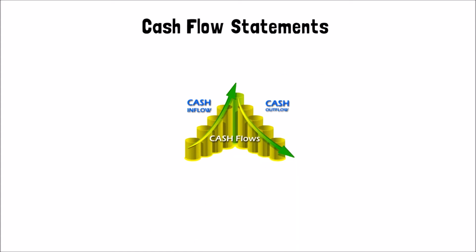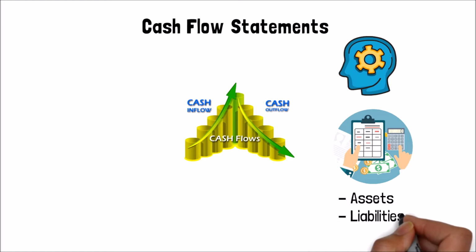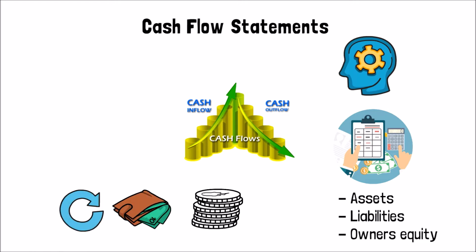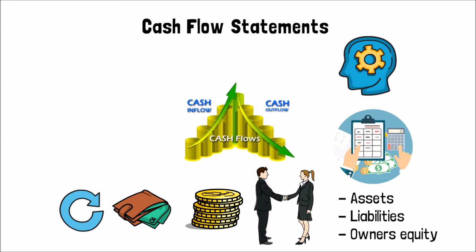Cash flow statements. The cash flow statement documents how the operational activities recorded on the income statement link to assets, liabilities, and owner's equity shown on the balance sheet. The cash flow statement chronicles changes in expenditures and inflows of money to and from different external parties your company engages with.